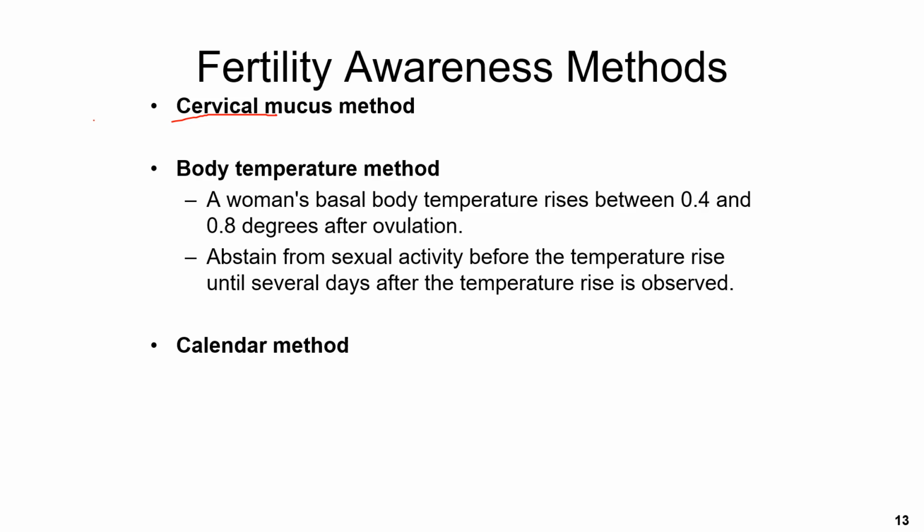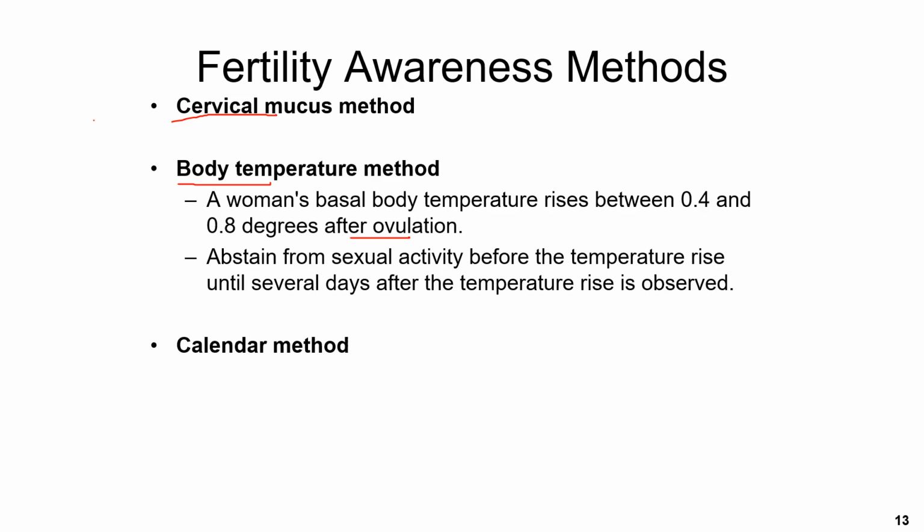Another way of determining ovulation is the body temperature method. So females' basal body temperature rises after ovulation. Okay, so basically, the woman will take her temperature at the same time of the day every day, and when you see that sudden rise in temperature, that is a sign that ovulation is taking place.